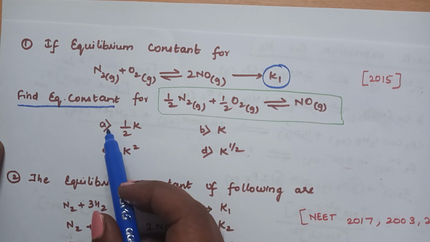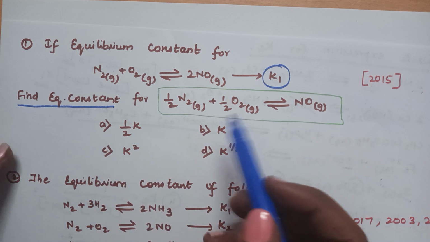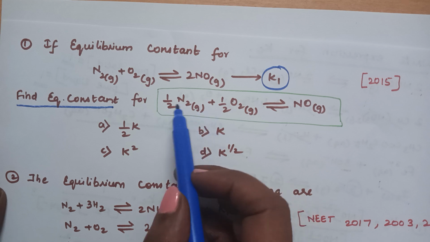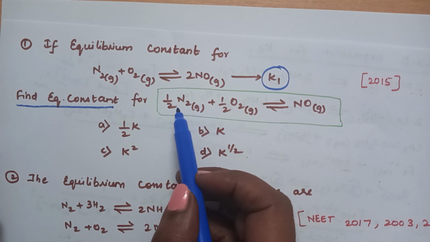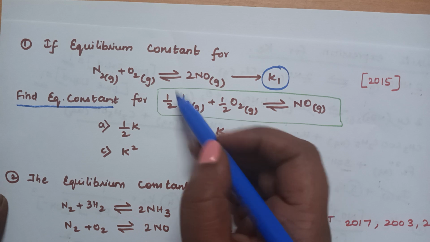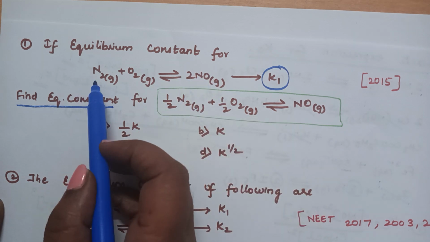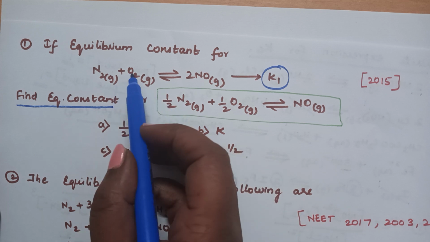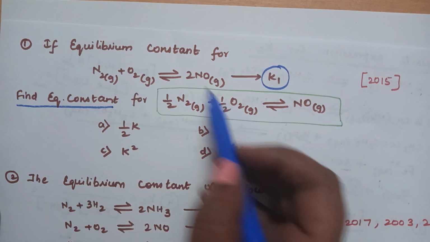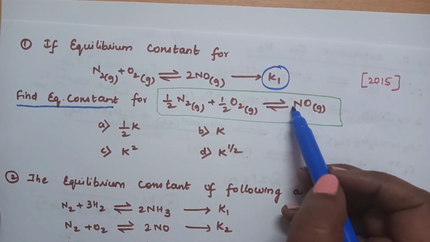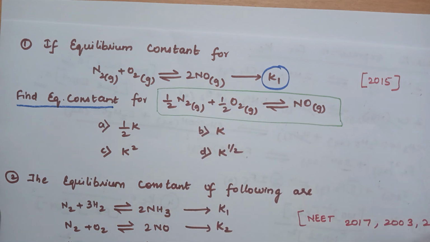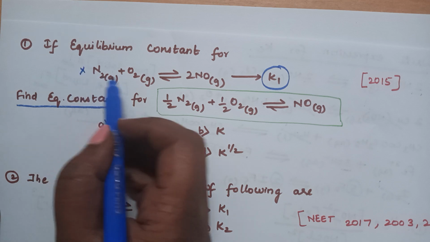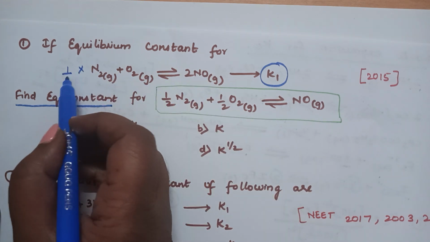Four options are given, A, B, C and D. So now this is the equation given, and we have to find the equilibrium constant for this. So compare this with this equation. Here you have N2, here you have half N2. Here O2, half O2. Here 2NO, here 1NO.